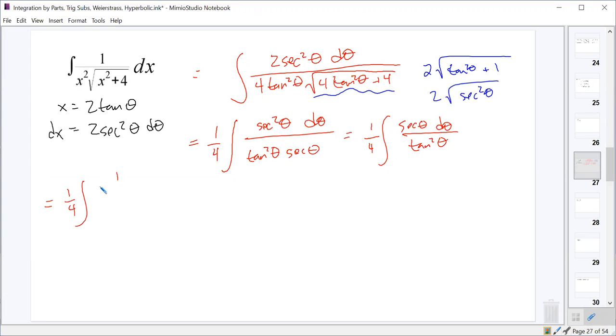Secant theta is what? 1 over cosine theta. And tangent squared is sine squared over cosine squared. So what can we do? Should become cosine theta over sine squared theta. And how can we integrate that one?